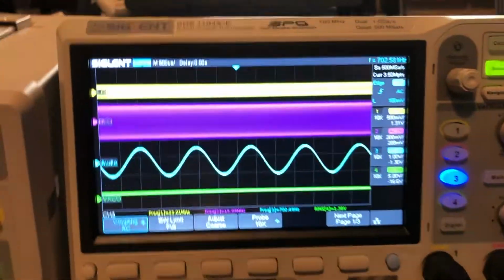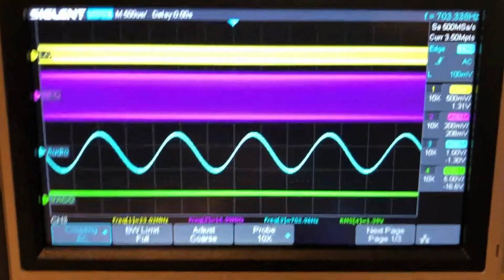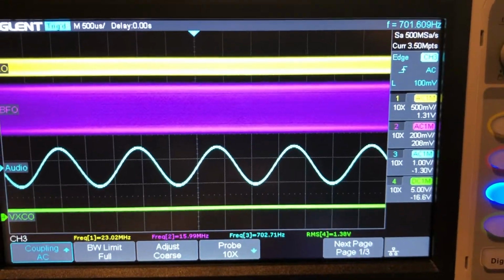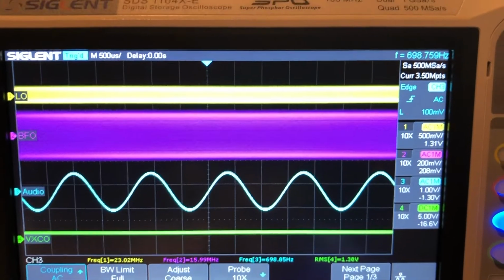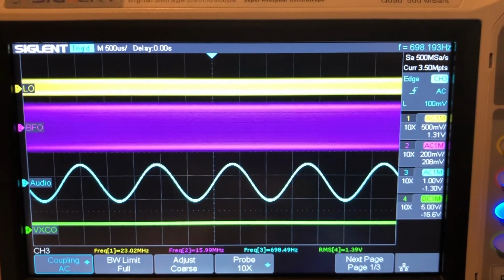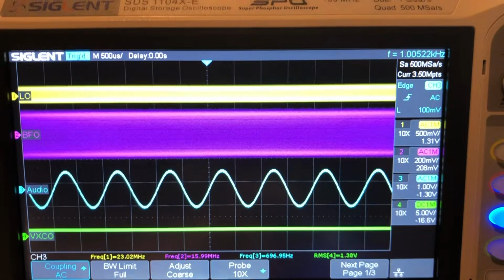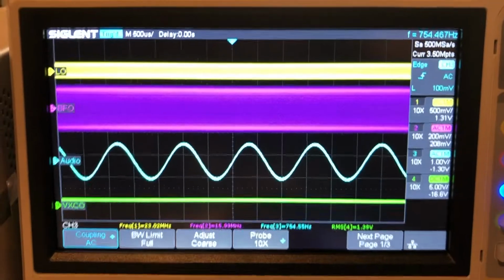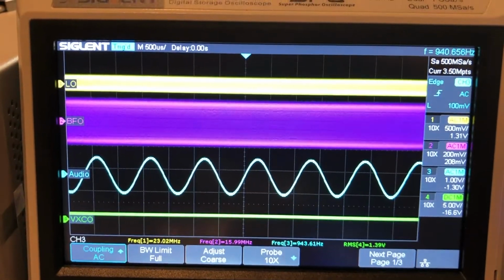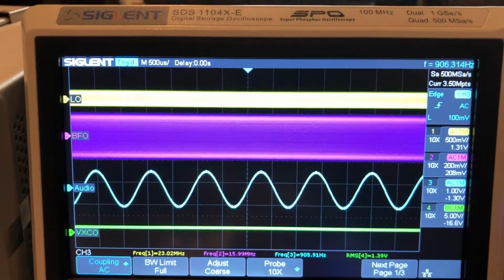Incidentally, the tuning on this thing is, oh my gosh, it's so sensitive. This is a 1-turn 100K potentiometer. I've ordered a 10-turn 100K potentiometer, which may be too much, but I mean, if you look, I'm barely touching the knob, and I'm jumping back and forth. You know, that was 200 hertz right there change.